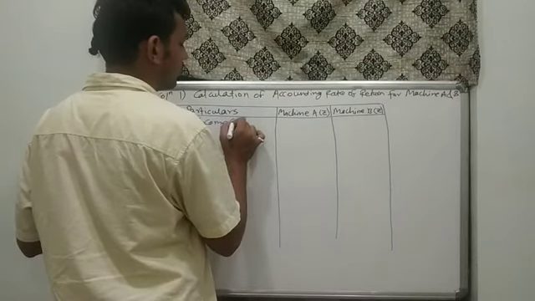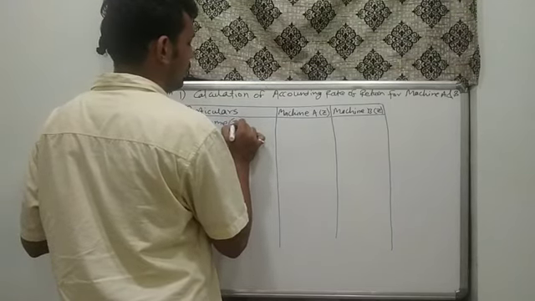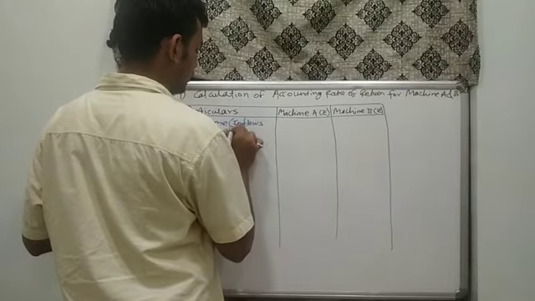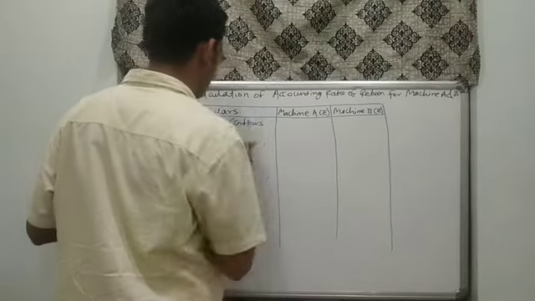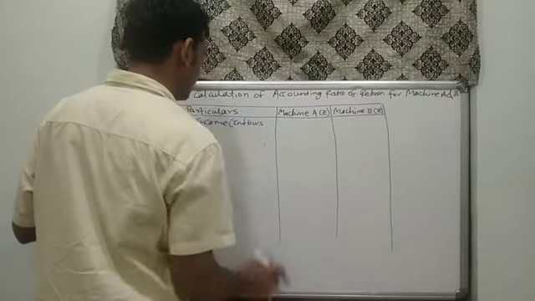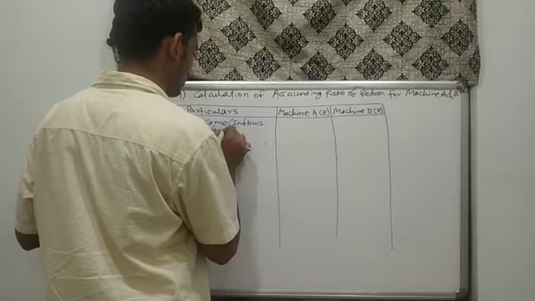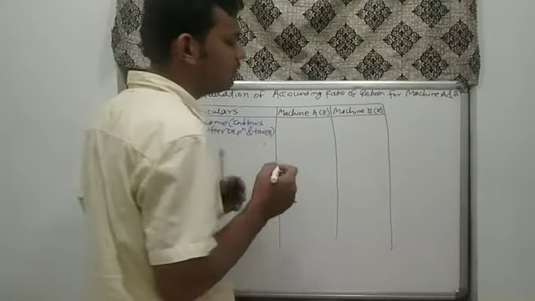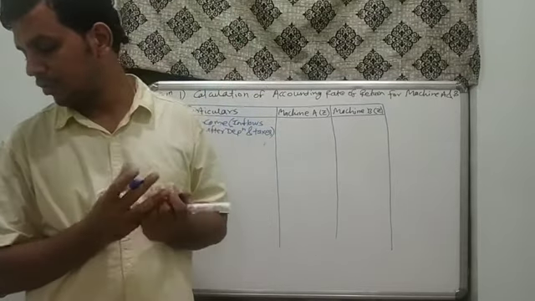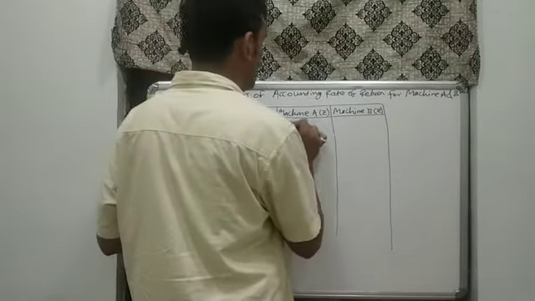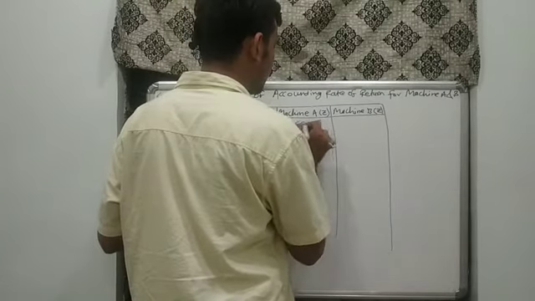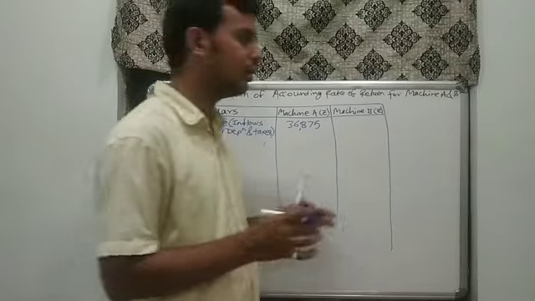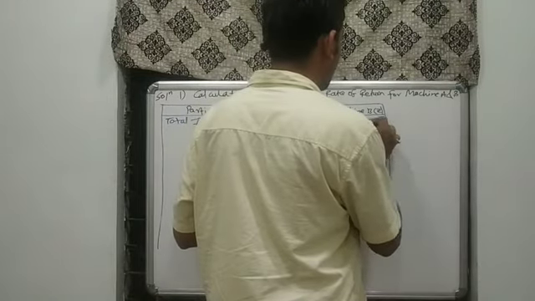As the total is directly given in the question, for machine A it is 36,875, and for machine B it is also 36,875.